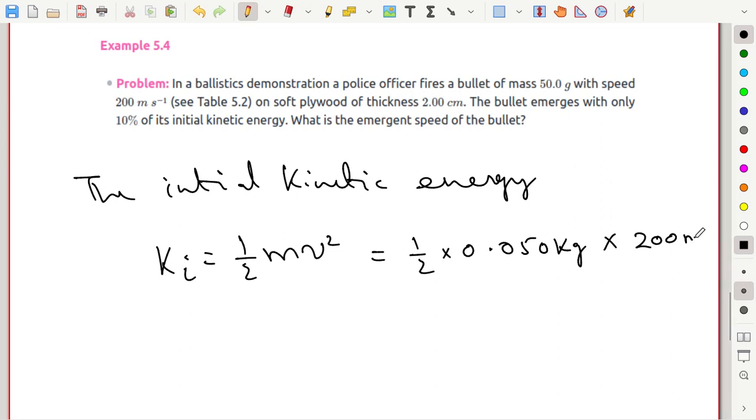So it's 200 meters per second. This reduces to a value of 1000 joules. So this is the initial kinetic energy of the bullet.